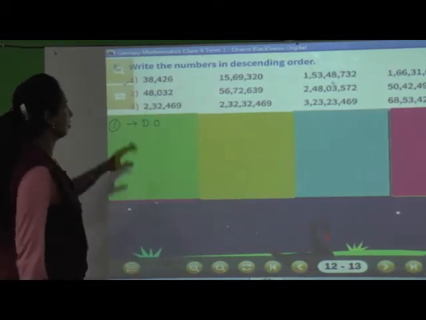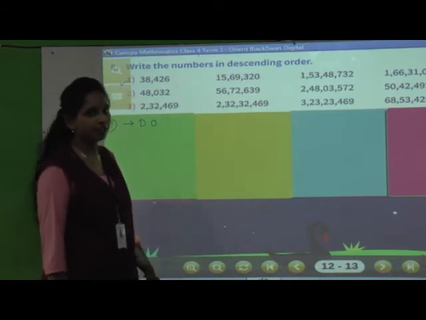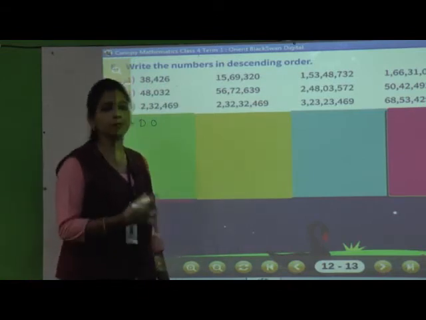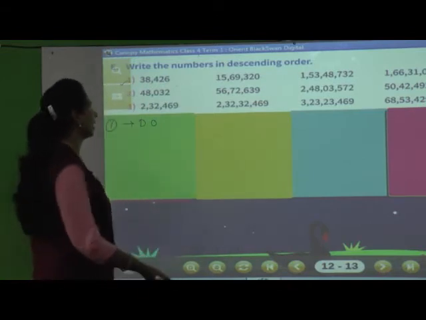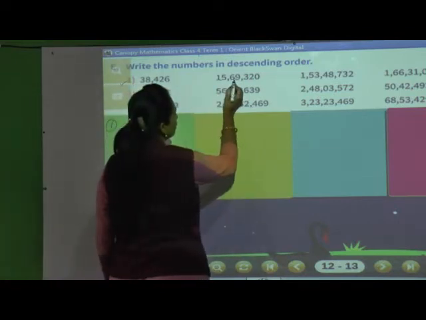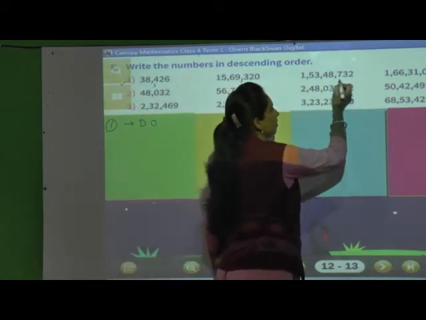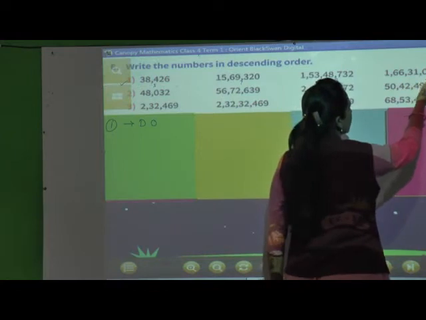Now, we will see. First, as I told you, these are very big numbers, big digit numbers. So, just mention how many digits the numbers have. Here 5, here 2, 4, 6, 7, 3, 6, 7, 8, 3, 6, 7, 8.